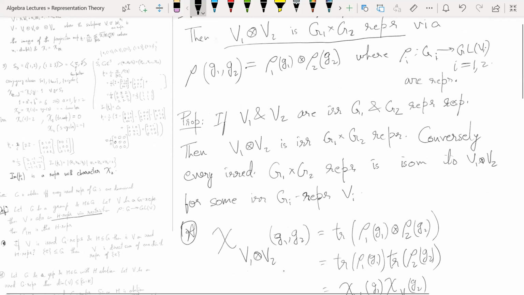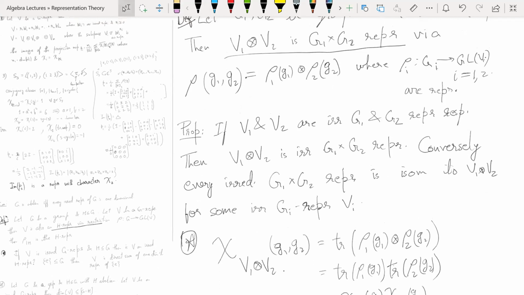On pure tensors, we know how it works. So maybe I can say this: (G1, G2) acting on V1 tensor V2 is G1 V1 tensor G2 V2.